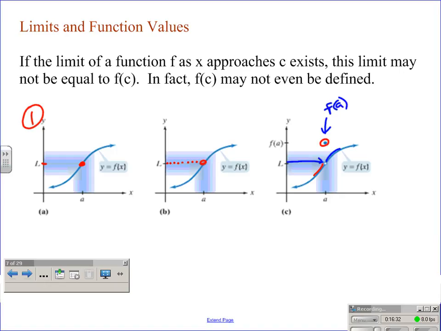So the point in this is to show you that f of a is not always going to be equal to L. And that's the case here, when L is the limit. So that can be different because the limit is talking about what is happening, not exactly at f of a, but as x is approaching a. So we have x approaching a here and here, and it's not going to give us f of a in this last example.